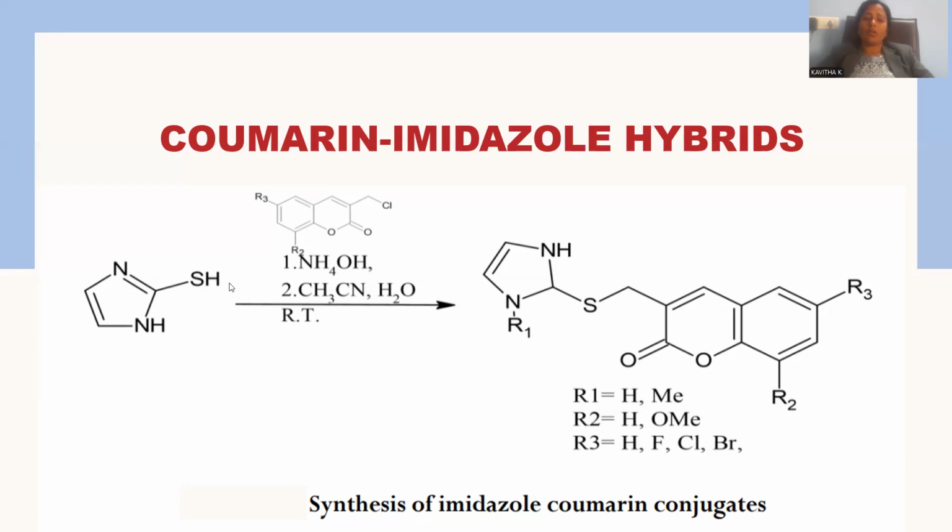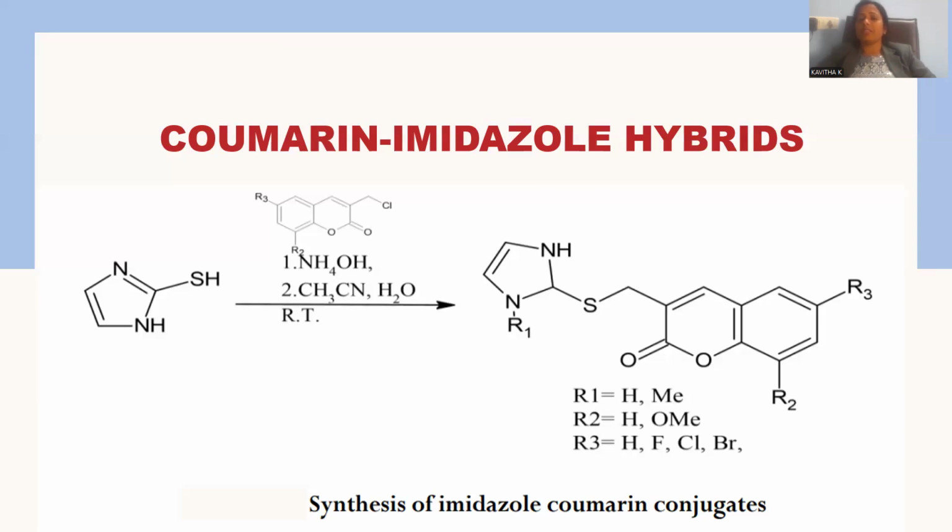Imidazole thioalcohol is the reactant to be operated. Hydrogen from this SH and chloro from this CH2Cl, hydrochloric acid will be removed by condensation process, so that a simple thioether linkage will be originated between imidazole and the coumarin together, giving rise to coumarin-imidazole hybrid scaffolds.